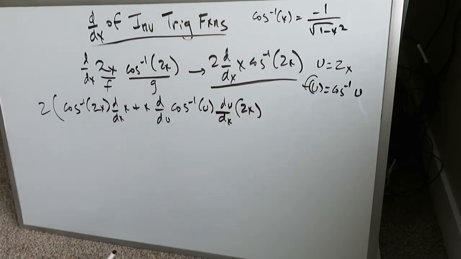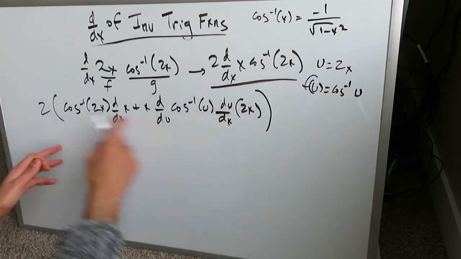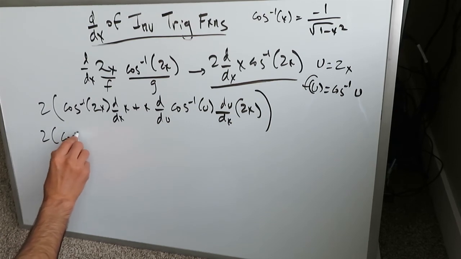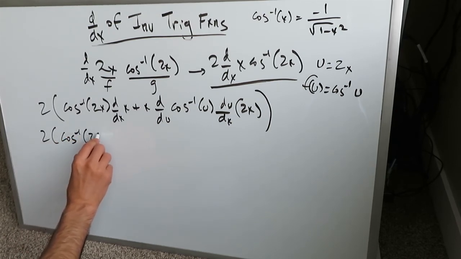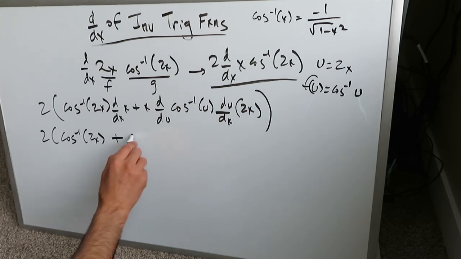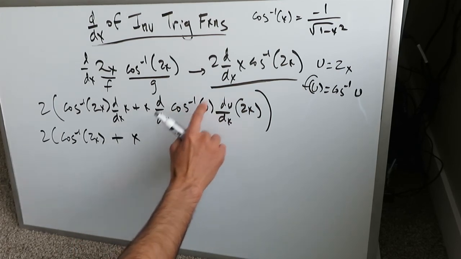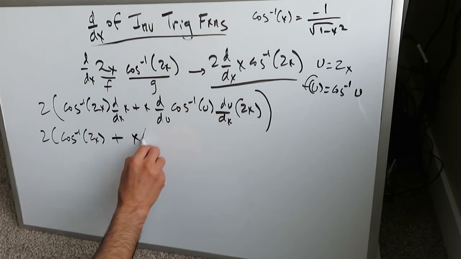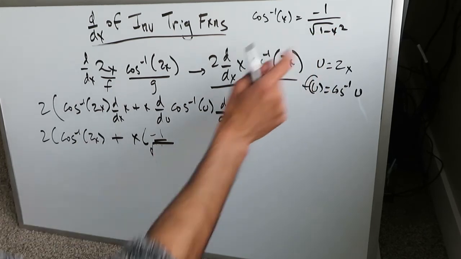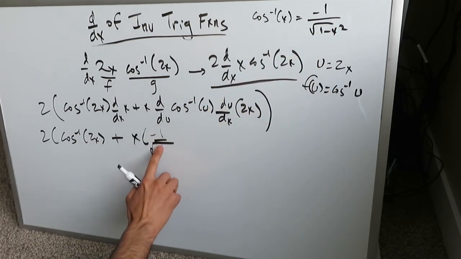Now let's do the actual derivative parts, and all of this is multiplied by this 2. So 2 times cosine minus 1 of 2x times the derivative of x, which is just a 1, so we don't have to do anything there, plus x times the derivative of this, which is minus 1 over the square root of 1 minus, let's be neat over here, and this x will get replaced with the u because we're looking at u's over here.